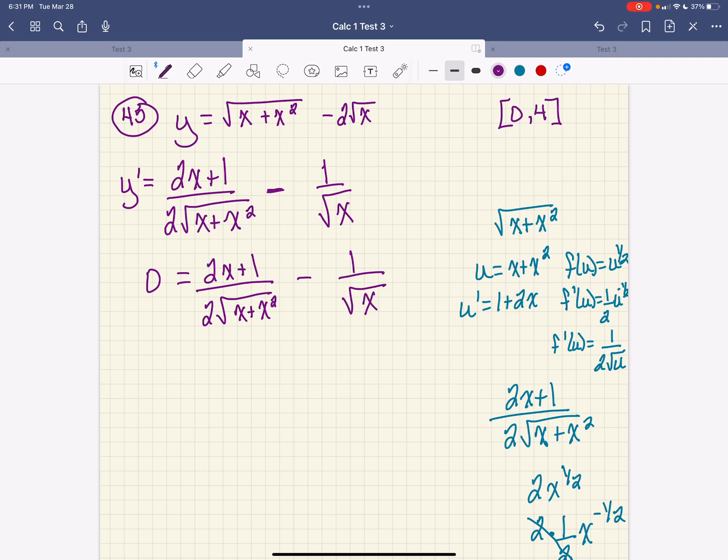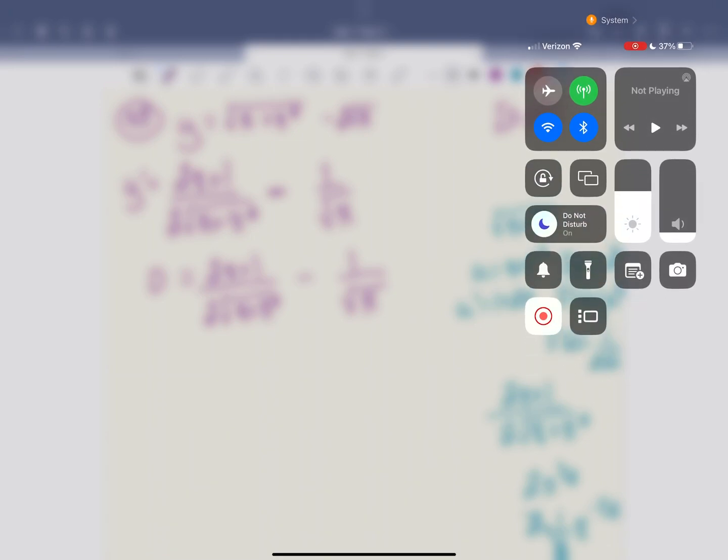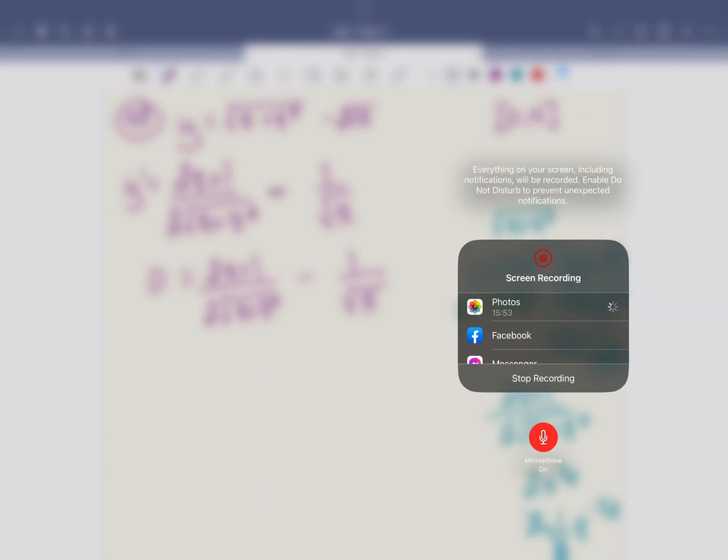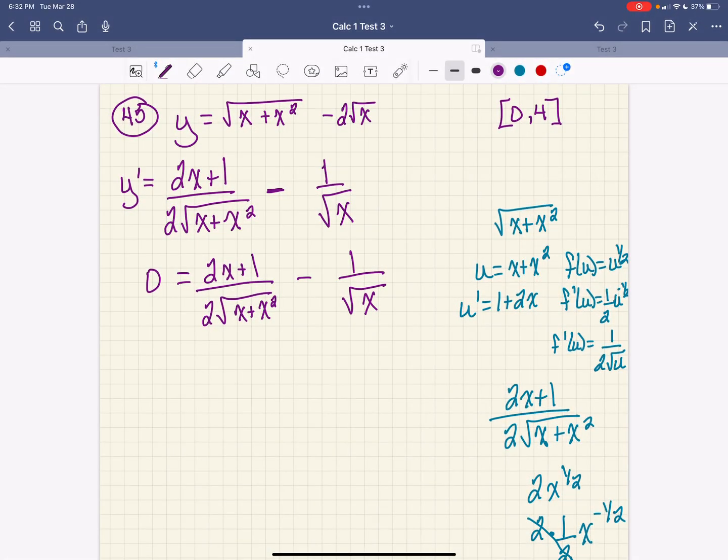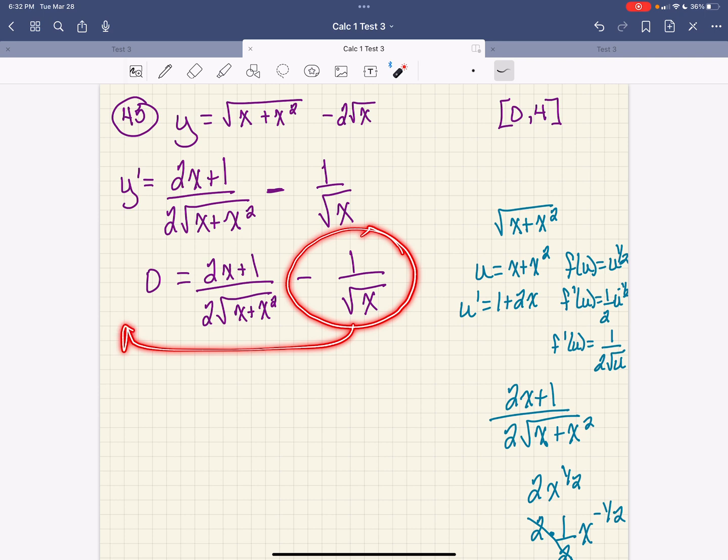Now, instead of trying to find a common denominator or anything, I'm going to take this and just add it to the other side.